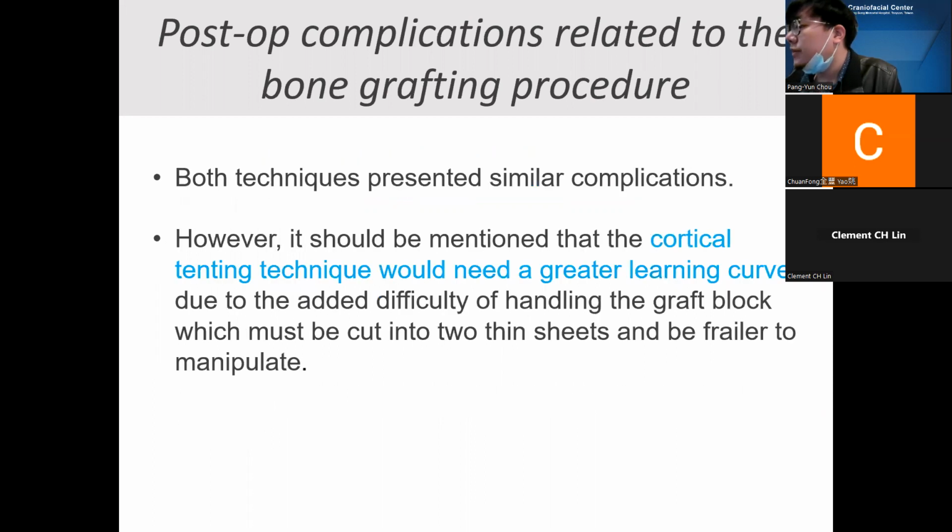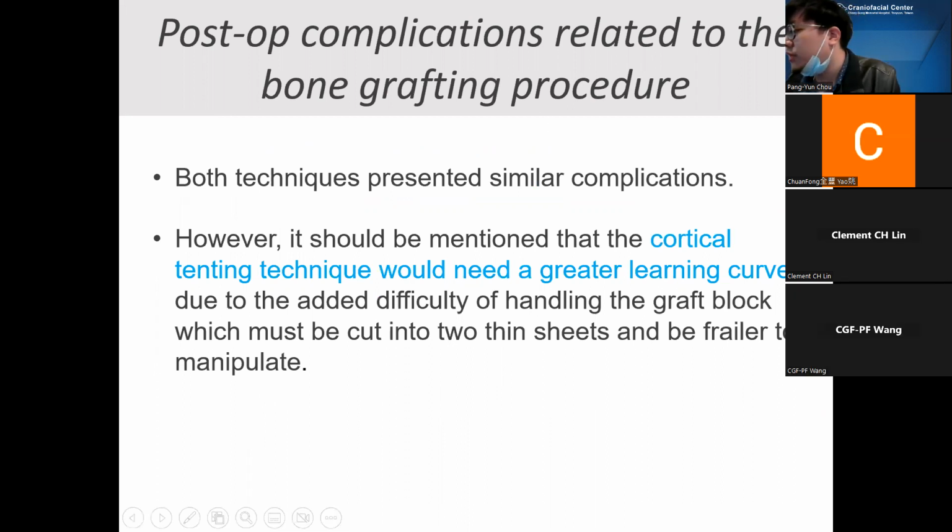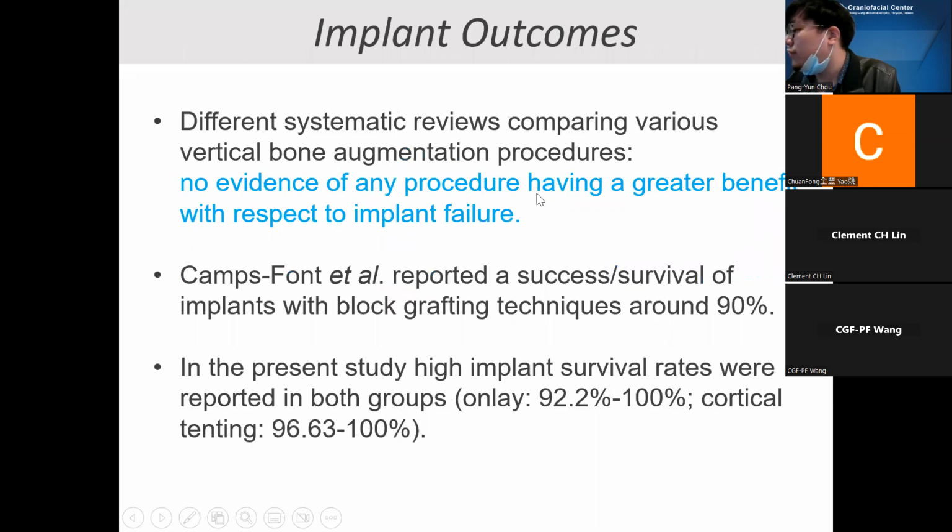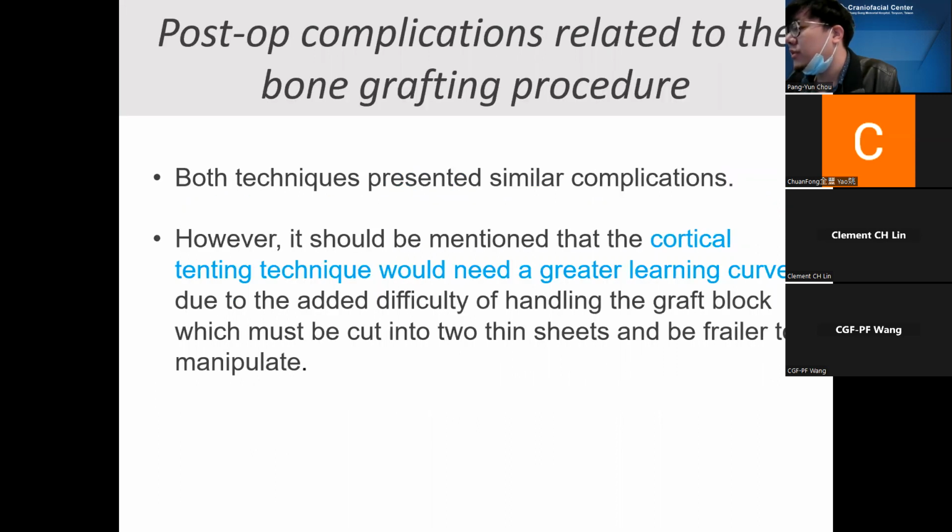Actually, in the study, both techniques presented similar complications. However, it should be mentioned that the cortical tenting technique would need a greater learning curve because of the difficulty in handling the graft, which must be cut into thin pieces and is frailer to manipulate.